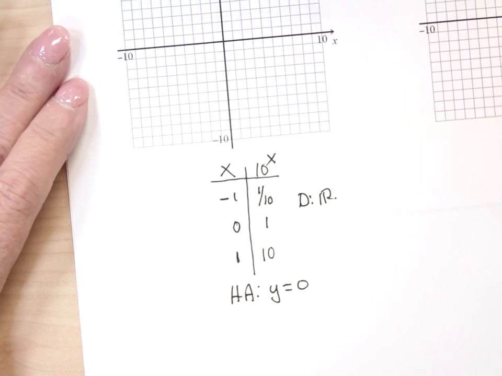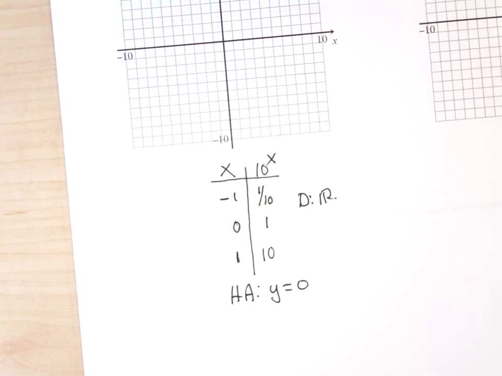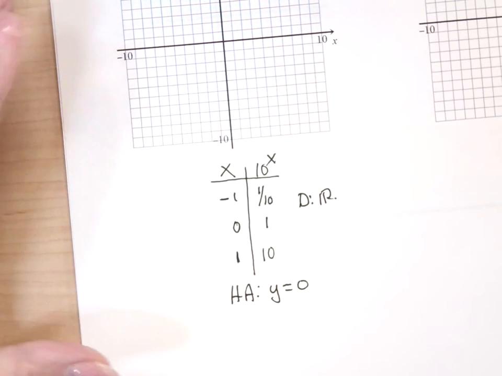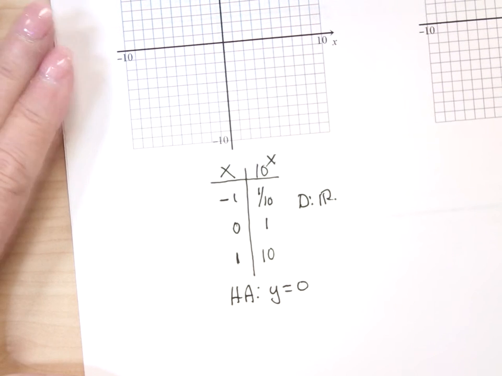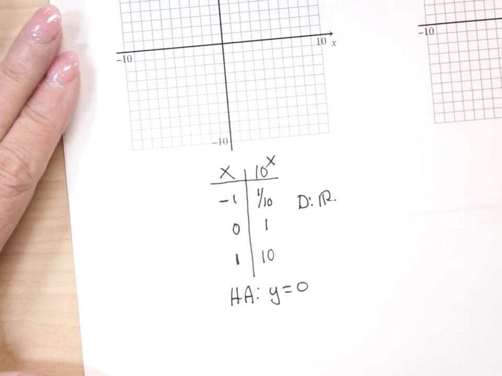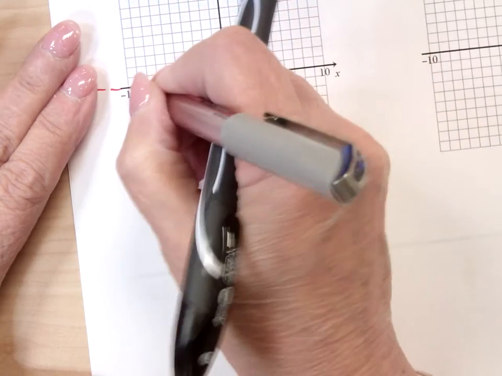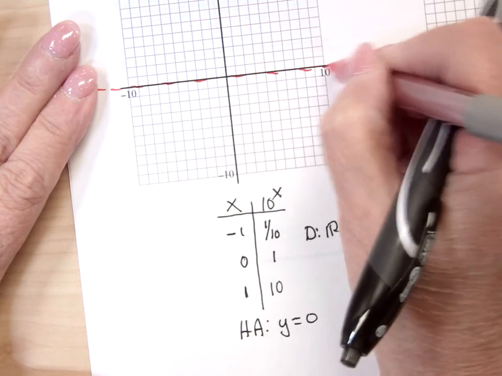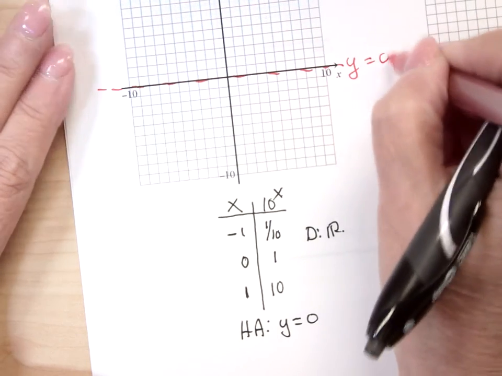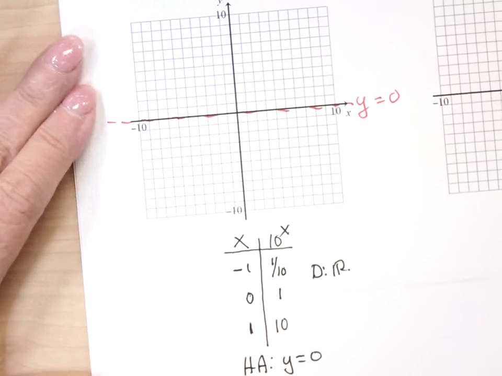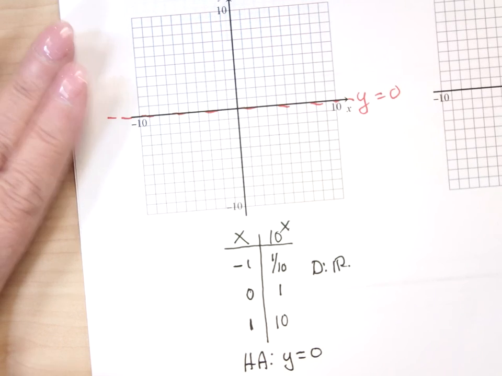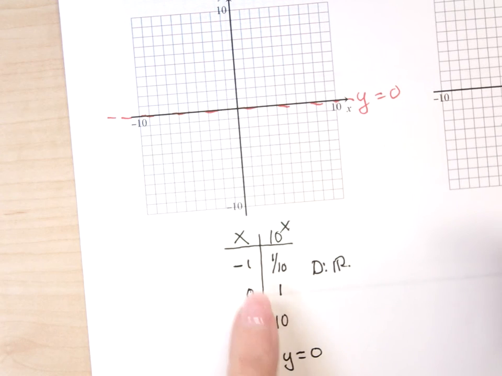So the first thing I always do that helps me with any graph, if there's anything in there that's special, I put that in first, and he has an HA. And the HA governs his behavior, and the HA is y equals 0, so I put that in because he's going to ride along the HA. That's why I only need the bend.